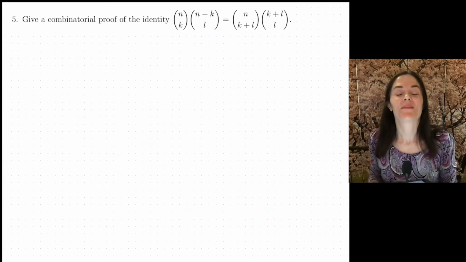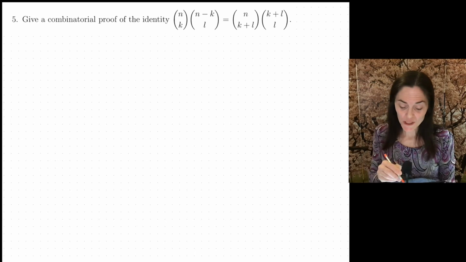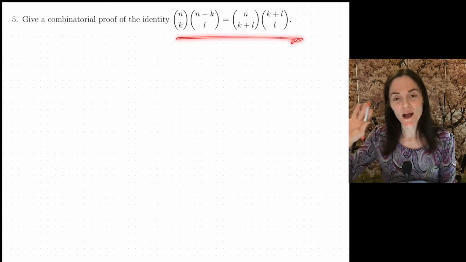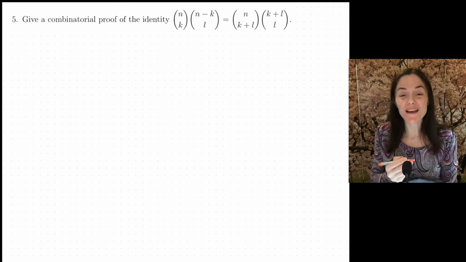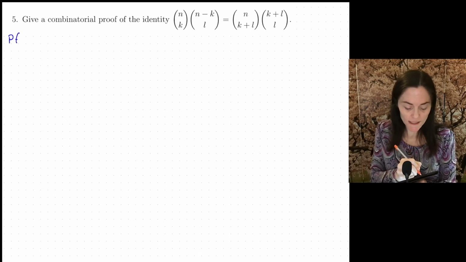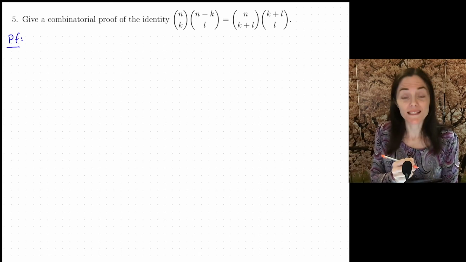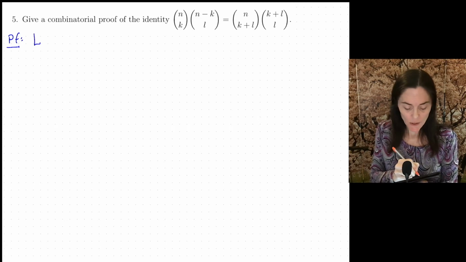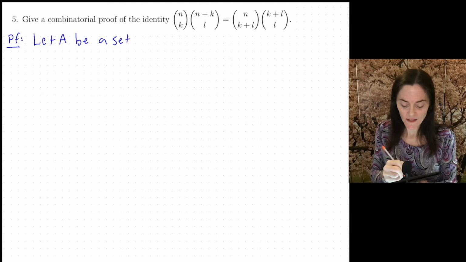Number 5, combinatorial proof. We want to prove this identity combinatorially. Well, there's a few ways you can do this. I will just start with a set with n elements. So let's let A be a set with cardinality n.